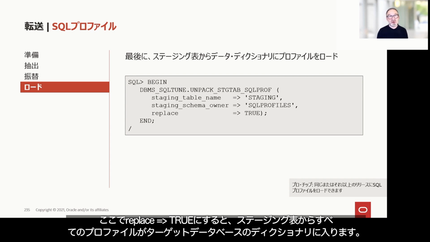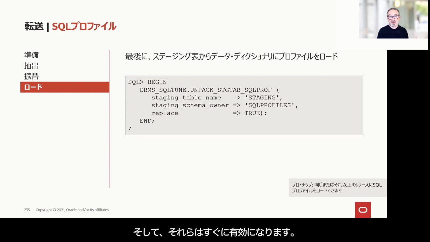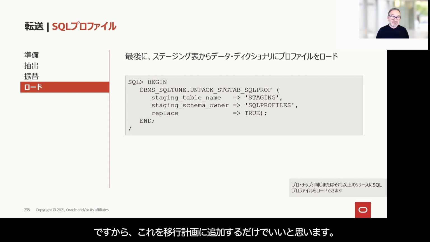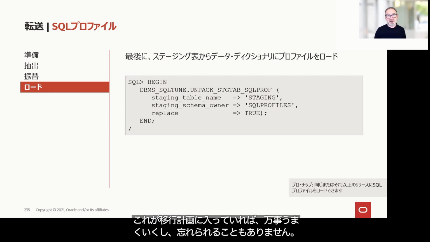And this puts now all profiles from the staging table into your target database's dictionary. And they will be valid right away. So I think you just need to add this to your migration plan. And once this is in the migration plan, all is good and it doesn't get forgotten.